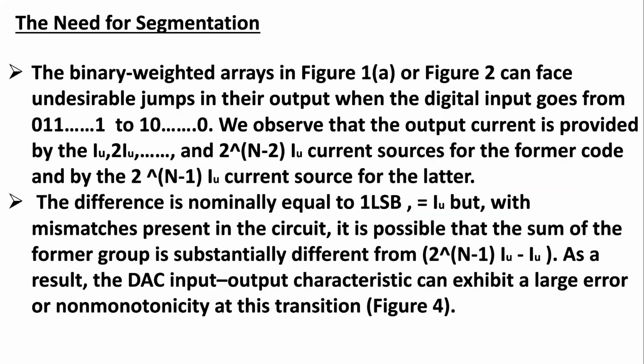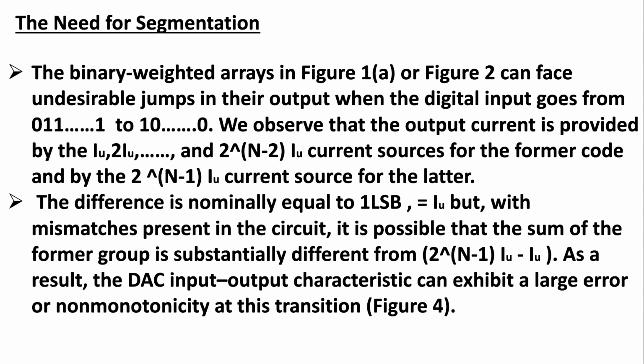The need for segmentation. The binary weighted arrays in figure 1 or figure 2 can face undesirable jumps in their output when the digital input goes from 011 to 1000. We observe that the output current is provided by 2 to the power of n minus 2 IU current sources for the former code and by 2 to the power of n minus 1 IU current sources for the latter.